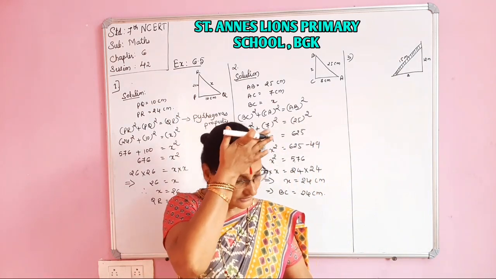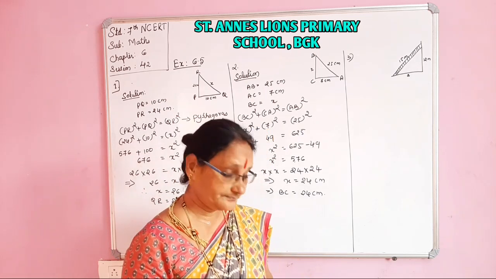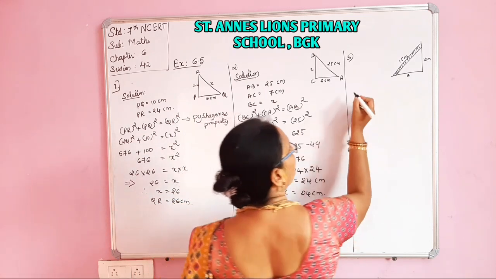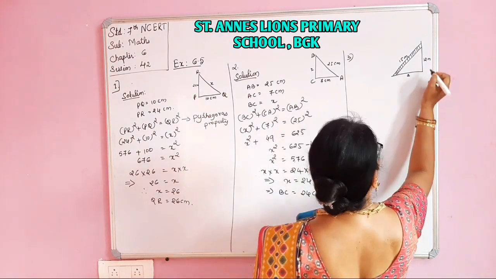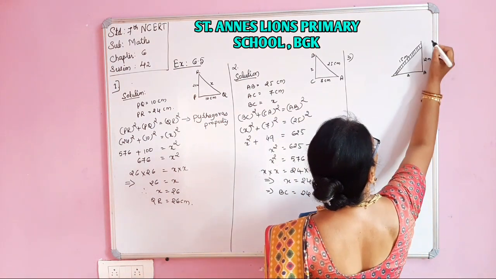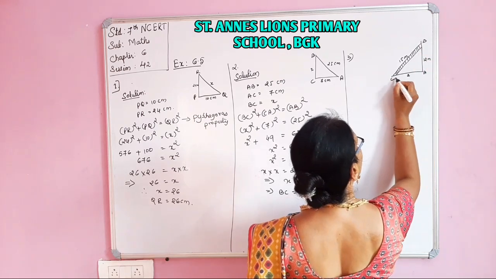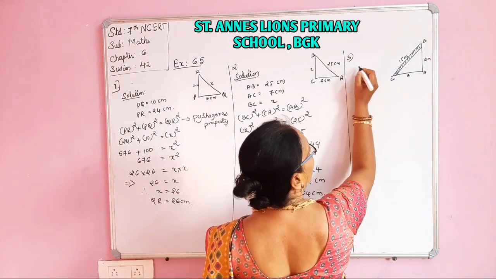Now it is very easy, using the Pythagoras property. What things are given, first we will write. We will take it as A, B and C. Now what things are given?